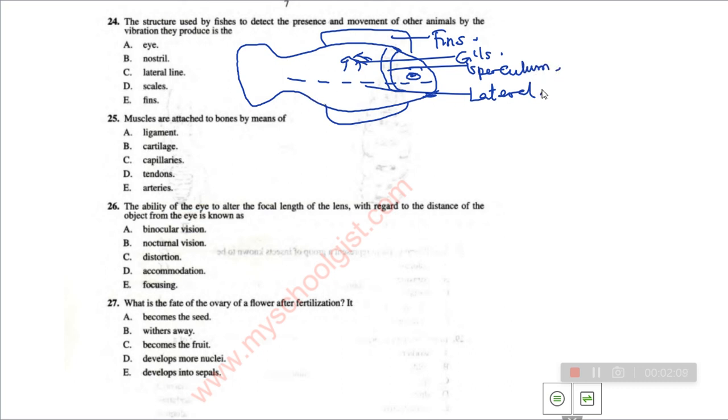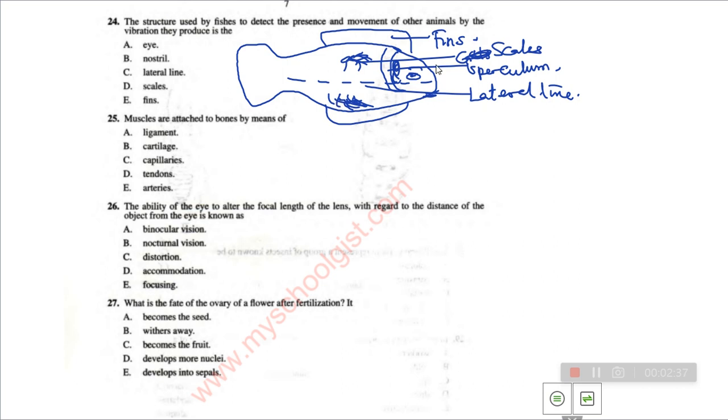So the gills are for respiration, and they also have scales. Sorry, this is the scales rather. The gills are inside this operculum. Sorry for that error. It's not something that is visible.